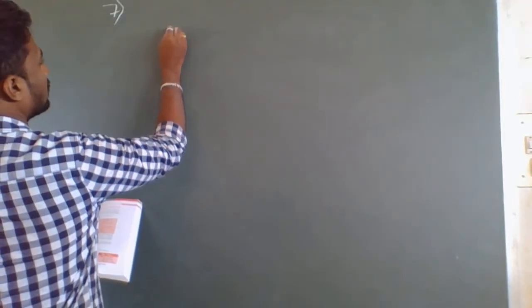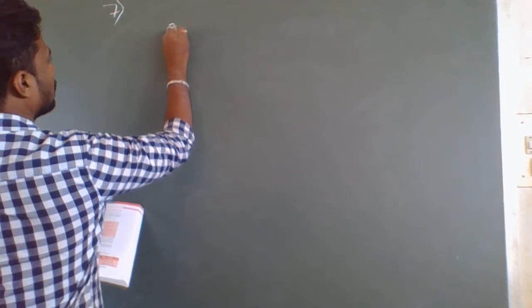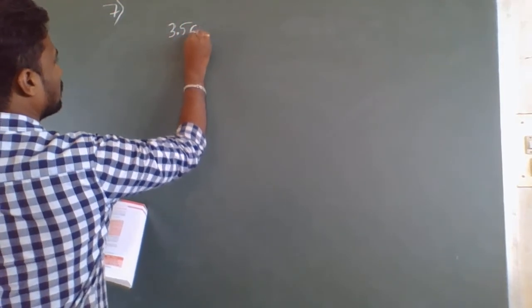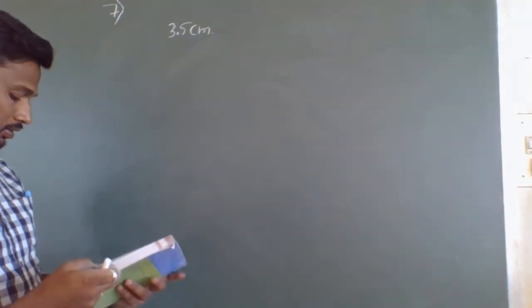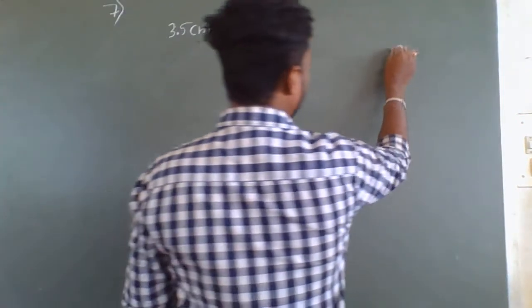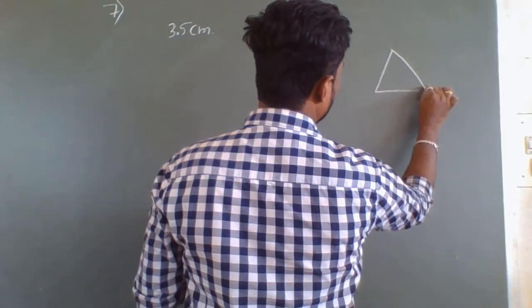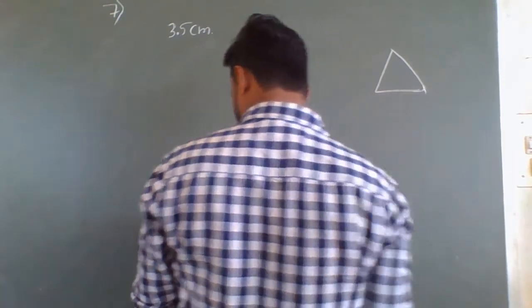So, the side of the equilateral triangle is 3.5 centimeter. What do you mean by an equilateral triangle? It is a triangle where all the sides are equal to each other.